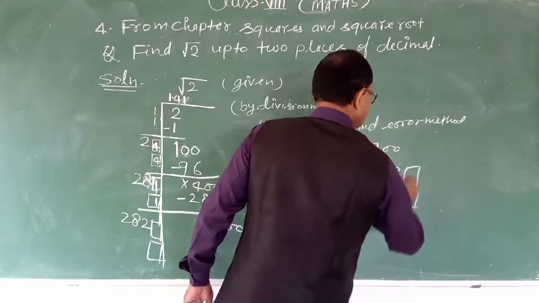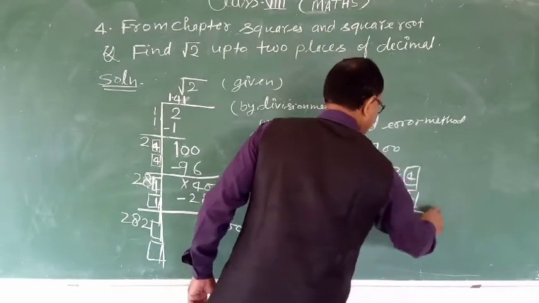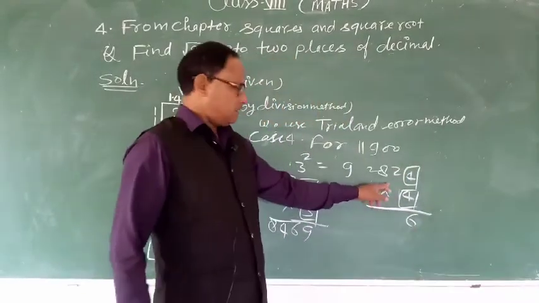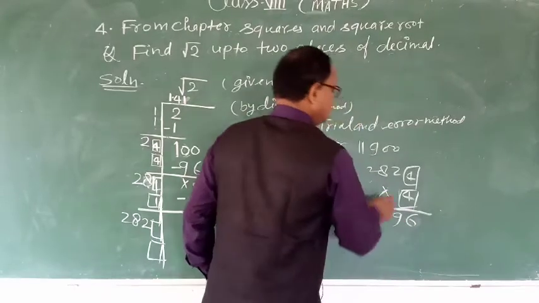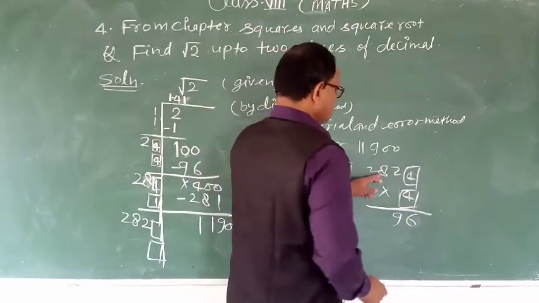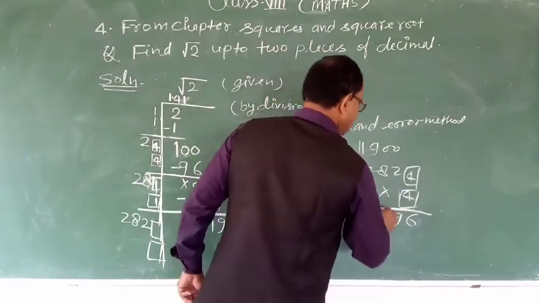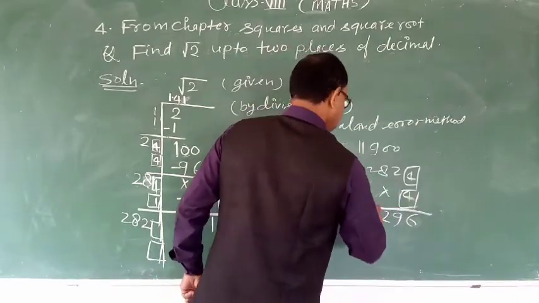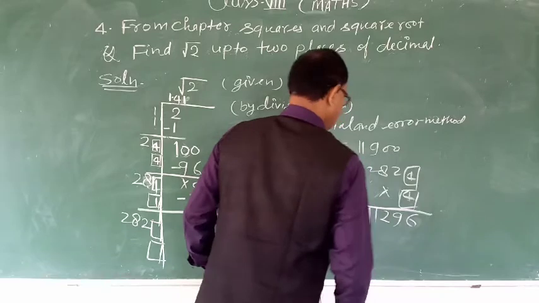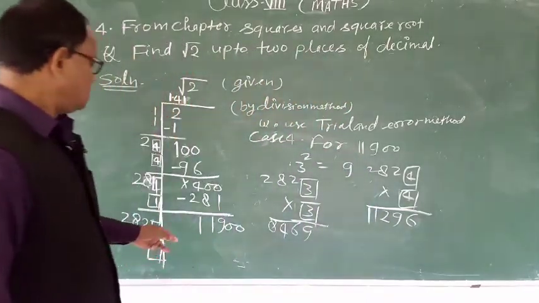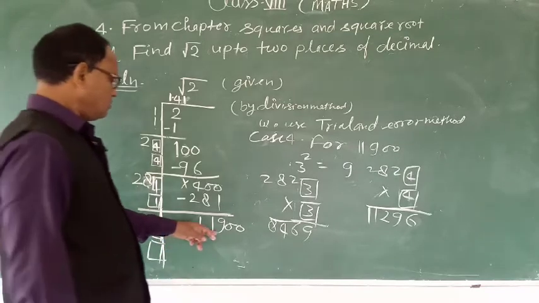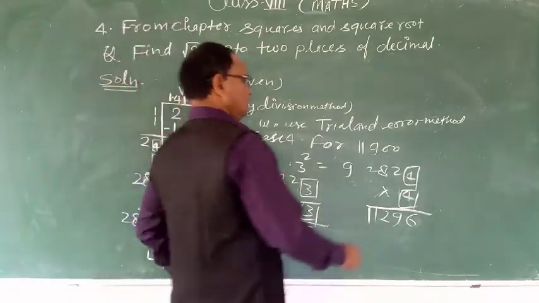box 4, 4 4s are 16, 4 2s are 8, 1 9, 4 8s are 32, 2 carry 3, 4 2s are 8, 3, 11 2 9 6. Okay, student.